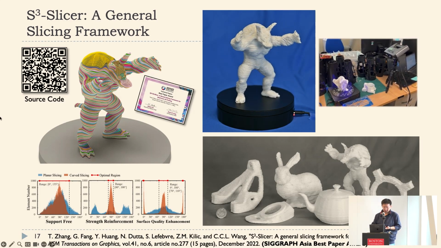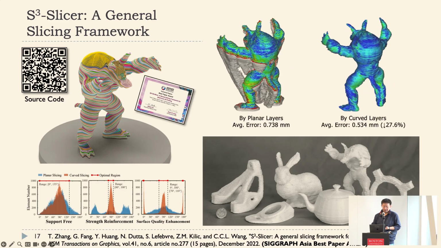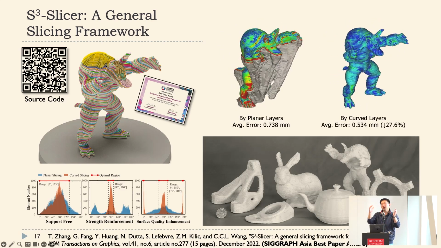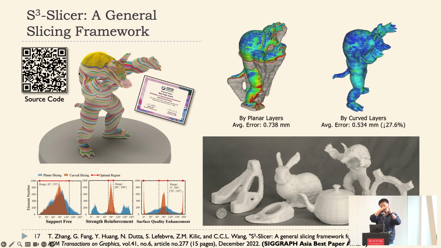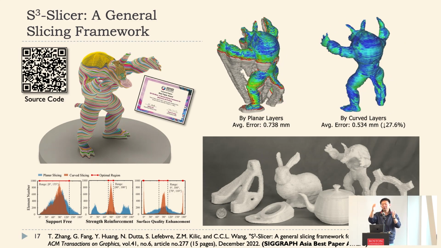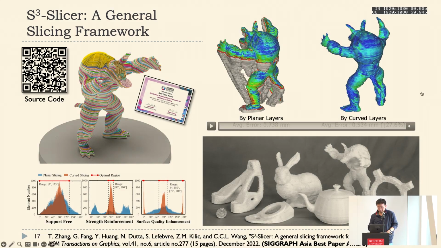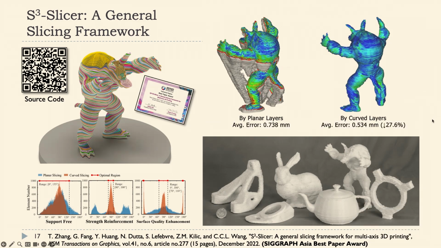As you can see, the surface quality is really satisfied by the final layer completely following the surface, and some other layers, you can find at this side, have boundaries nearly perpendicular to the surface. So either completely following or perpendicular to the surface satisfies all those requirements. Okay, and the scanning result also demonstrates that the surface quality of curved layers is definitely much better compared to those planar-layer-based results.